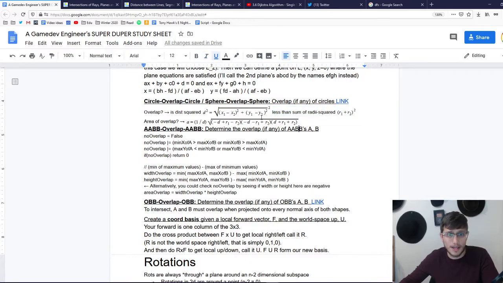The reason why is because the square root operation is pretty expensive computationally, and so it's always better to just square this value so the square root goes away, and you can compare that against the sum of the radii squared. That is functionally equivalent to finding the true distance, because you don't really need the distance if you want to check for overlap.